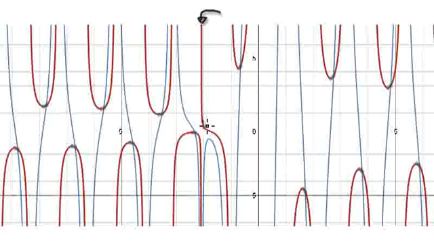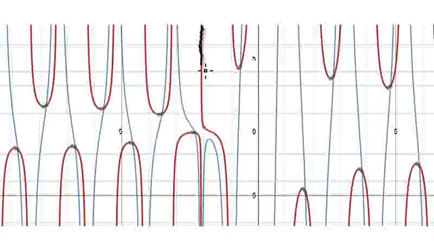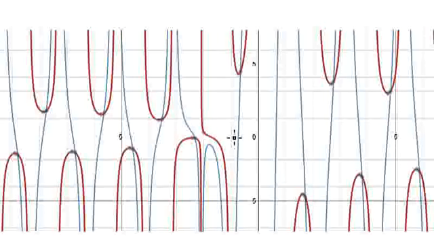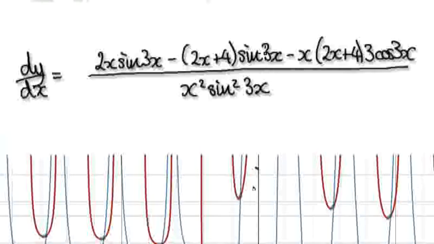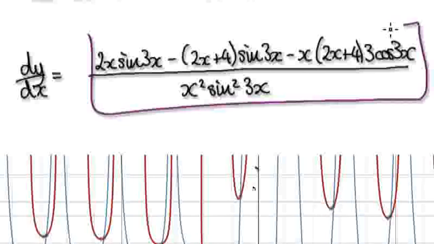It seems as if it's going downhill all the time. And then looking at the blue line, you can see that there is no point on that line where the gradient is 0. It's always going downhill, meaning that the blue line is always in the negative realm. Well, if the blue line is always in the negative realm, then the red line must always be going downhill. Okay, so it seems as if the graph here supports that our derivative here is correct.